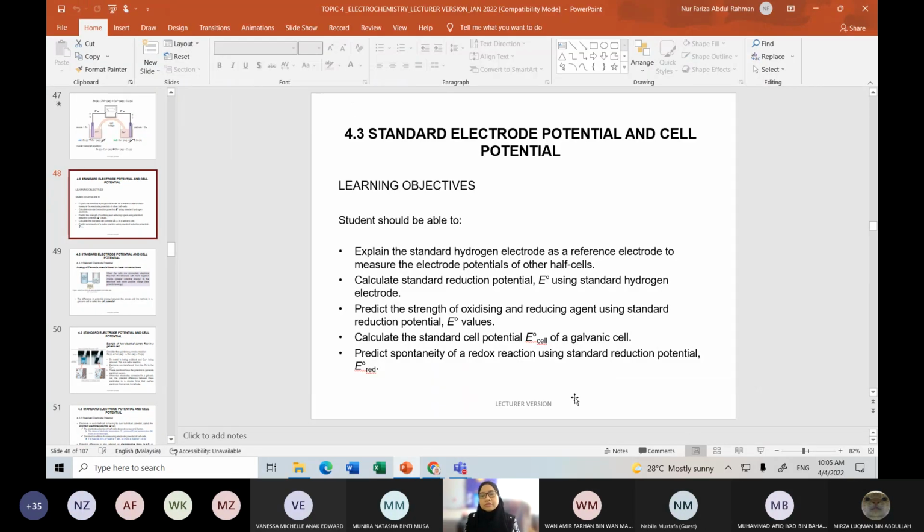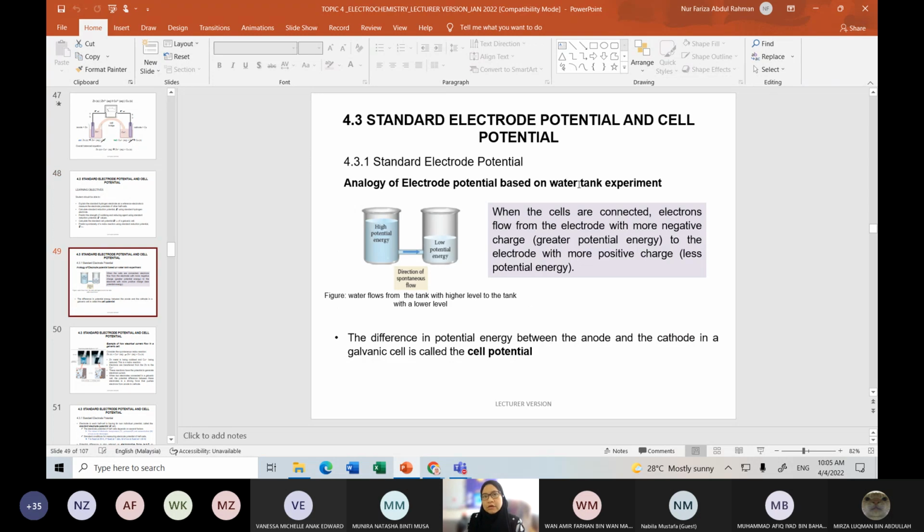Okay. All right. So in our previous lecture, we have learned about standard electrode potential and cell potential. In this subtopic, you have learned what is electrode potential, and cell potential has also been introduced. But we will get into the calculation part in a bit.